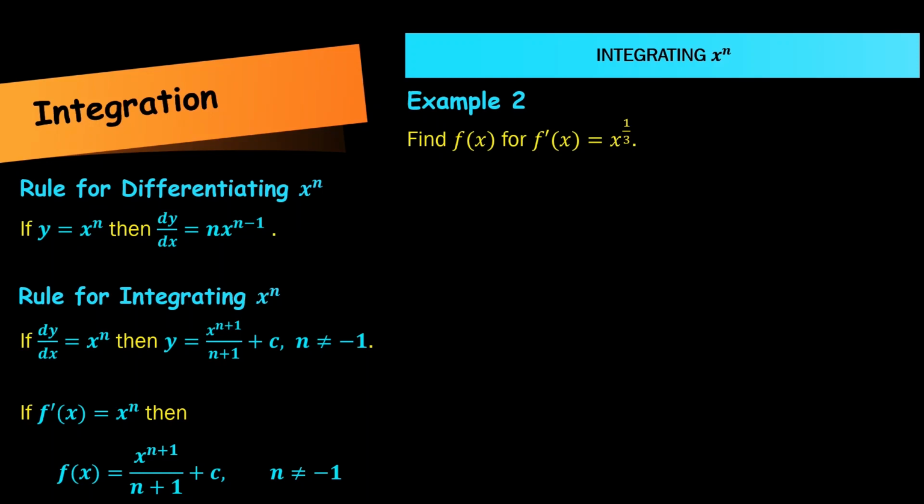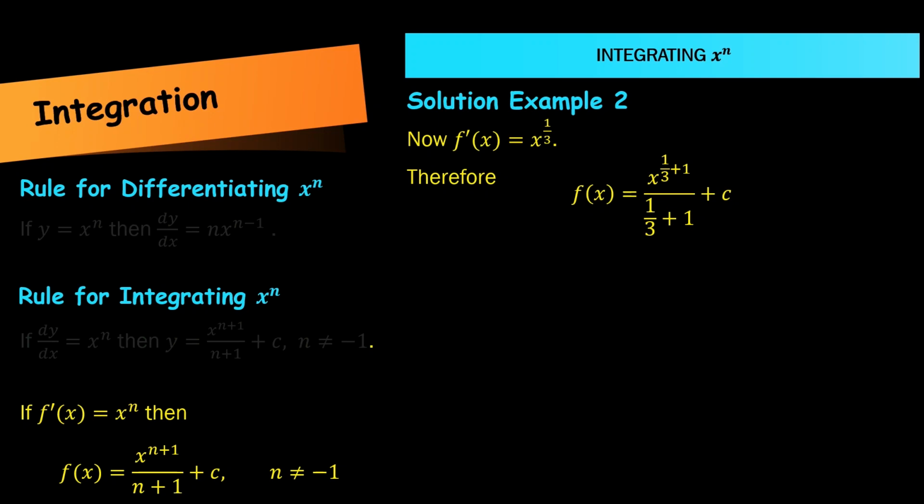Now let's have a go at another example. Pause the video and have a go. Press play when you're ready to view the solutions. So let's solve this. Again, the rule which we are applying has been highlighted. So n plus 1 is a third plus 1.